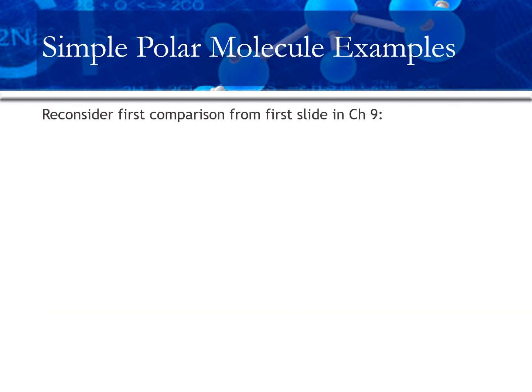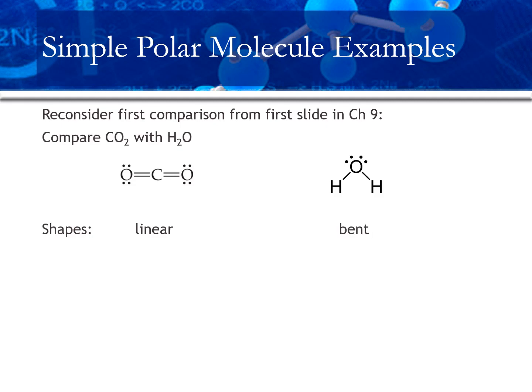If we go back to the first comparison that I had on that opening slide in Chapter 9, where I tried to motivate the idea that shapes of molecules are really important, I compared carbon dioxide with water. We now know why carbon dioxide is linear and why water is bent.